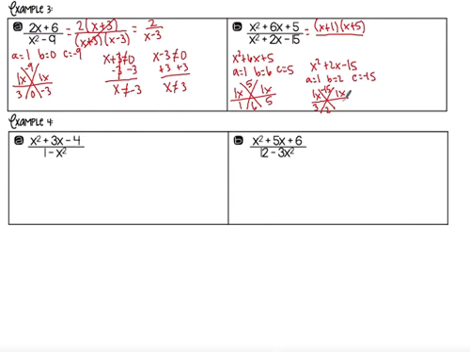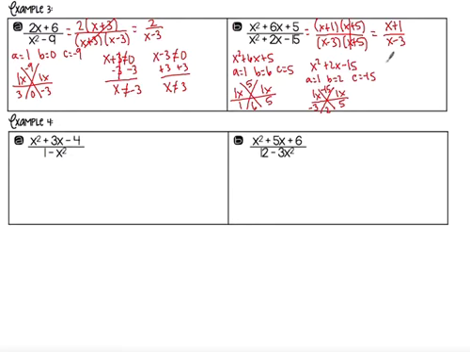So that would be 3 and 5, where 5 is positive and 3 is negative. So that's going to give me x minus 3 times x plus 5. And so then I'm going to cancel out the things that they share on the top and the bottom. So that would be the x plus 5, which is going to give me x plus 1 over x minus 3.